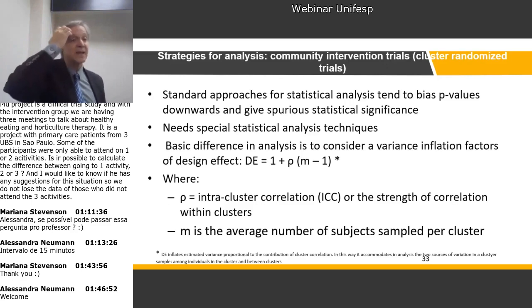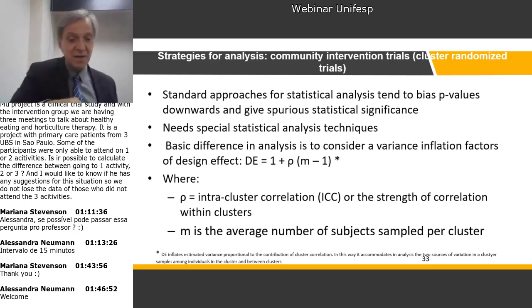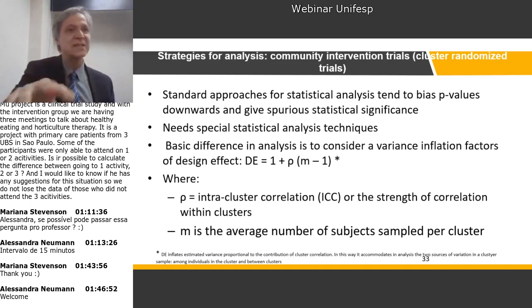But I can estimate that. There's a procedure in SAS that does the calculation for you. But all we're talking about is this. Once you have a cluster randomized design, you're going to have this design effect, DE, which is 1 plus rho multiplied by M minus 1, where M is the average number of subjects sampled per cluster.